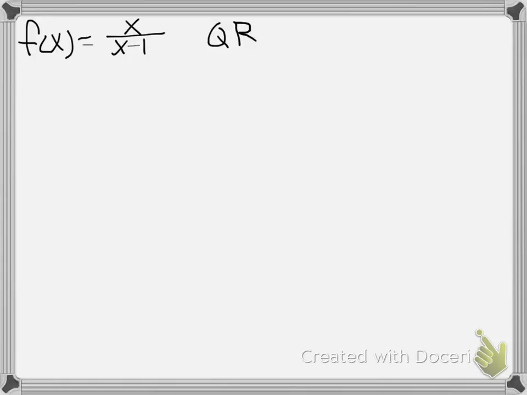And so the quotient rule is low times the derivative of the top, minus the top, or high, times the derivative of the low, which is the bottom. That's going to be all over the bottom squared.